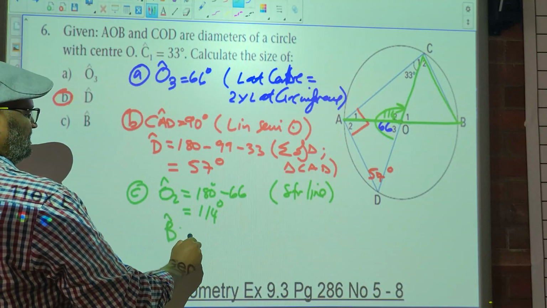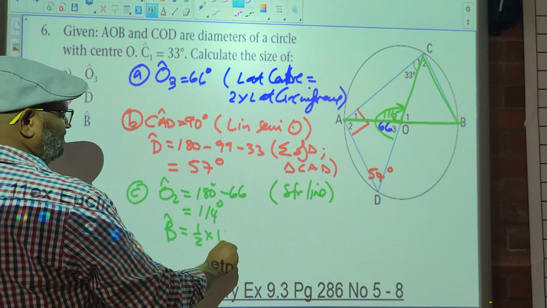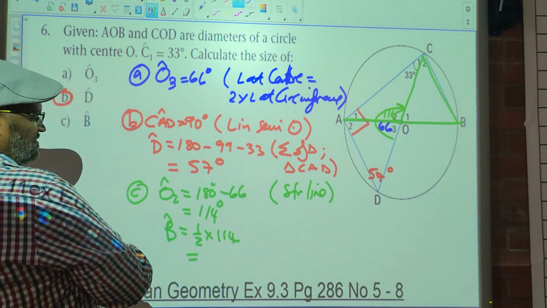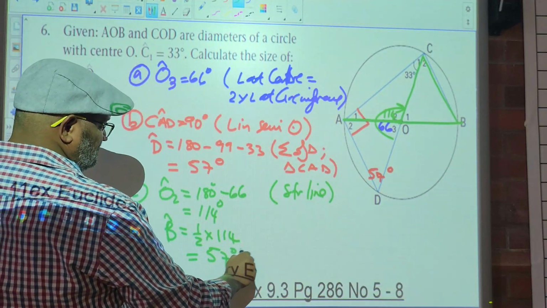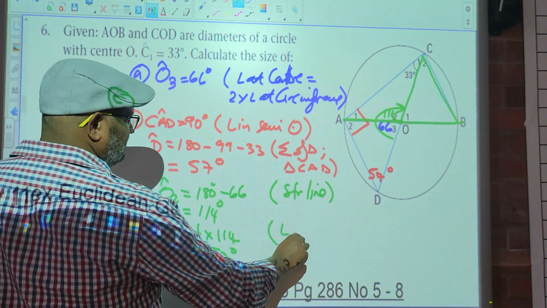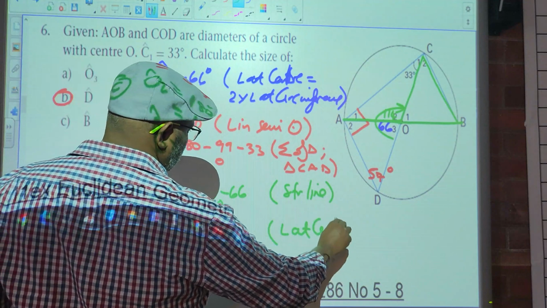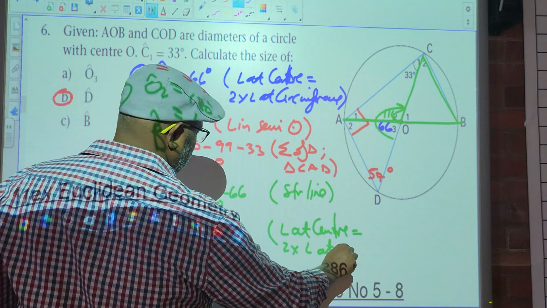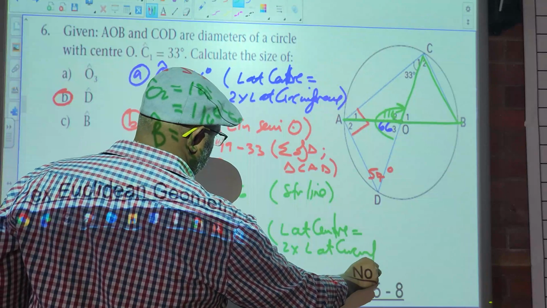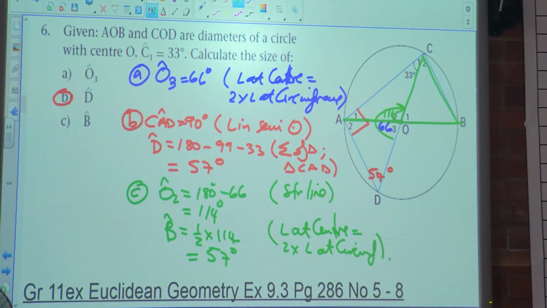The angle B is equal to half times 114. I'll give you an answer of 57. The reason? Angle at center is equal to 2 times angle at circumference. Okay.